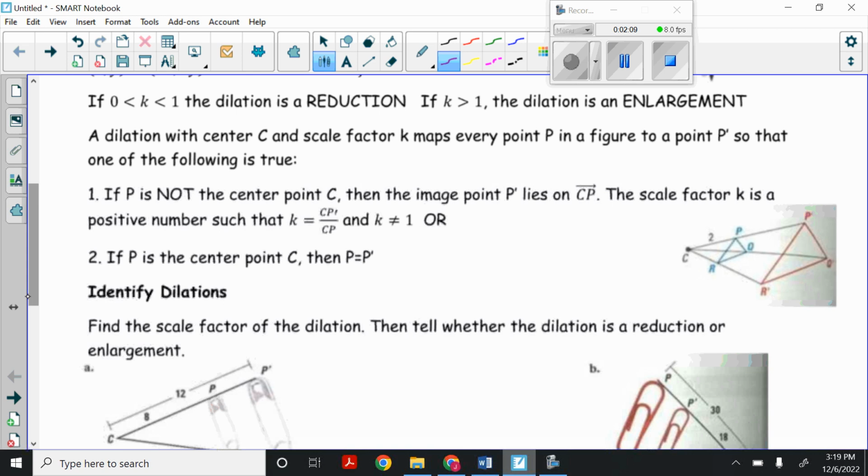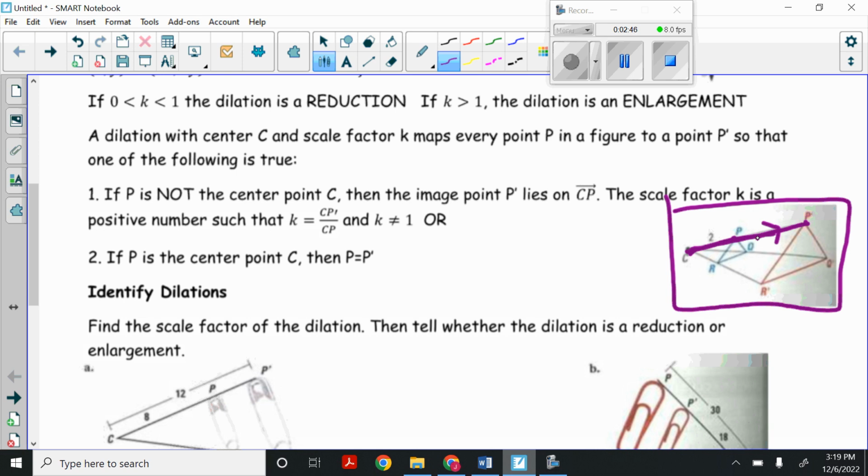All right, a dilation with center C and scale factor k maps every point P in a figure to a point P prime so that one of the following is true. And now we're looking at this picture. Number one, if P is not the center point C, the image P prime lies on the ray CP. The scale factor k is a positive number such that, again, to find that k, it would be CP' over CP.